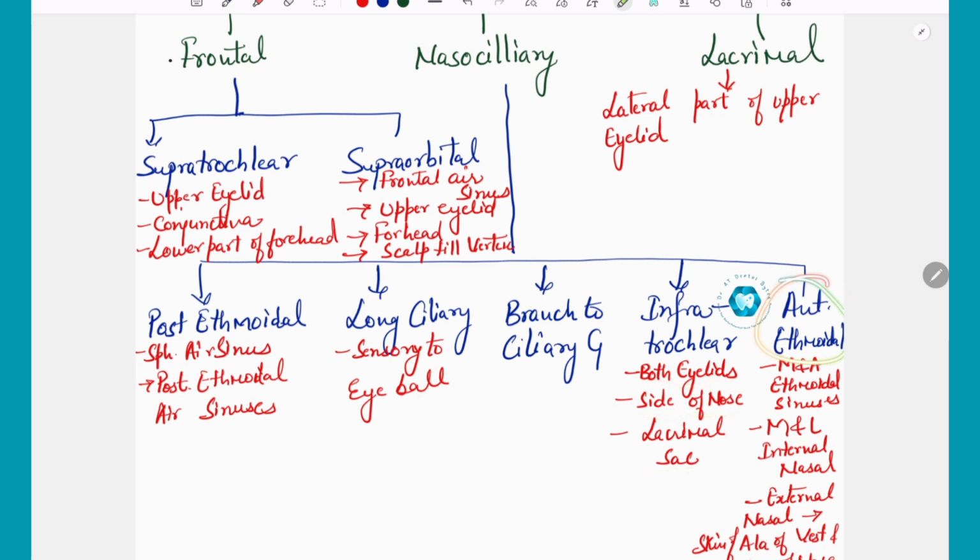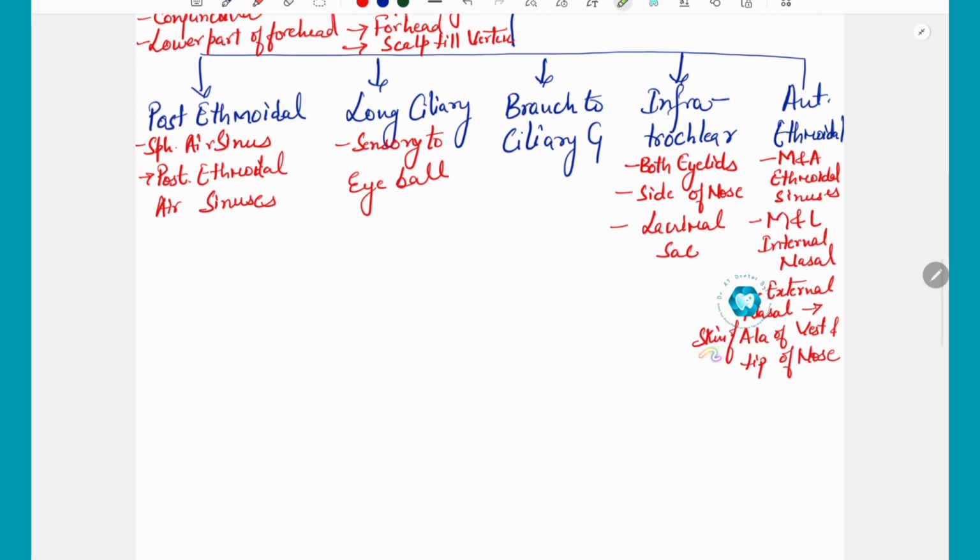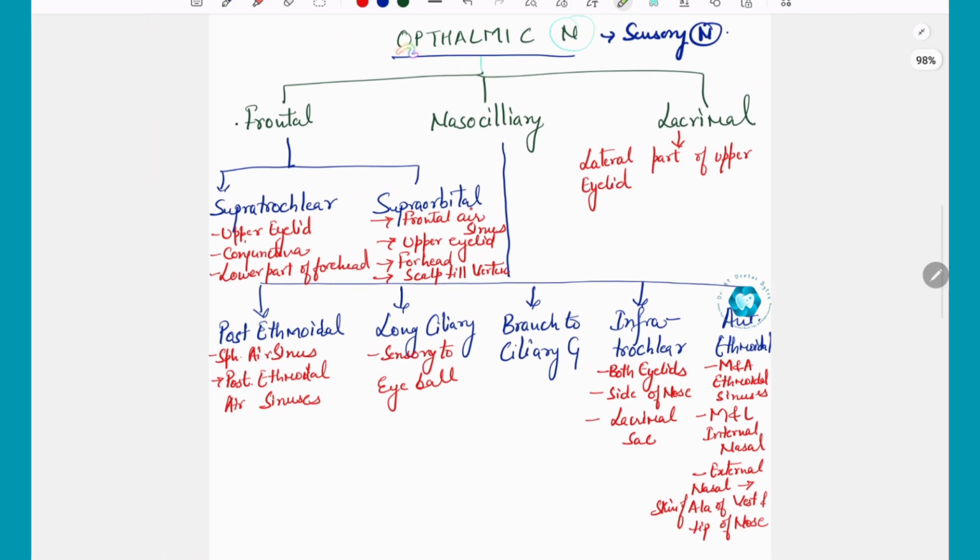Then comes the anterior ethmoidal that supplies the middle and anterior ethmoidal sinuses, the medial and the lateral internal nasal, and the external nasal that is supplying the skin of the ala of the vestibule and the tip of the nose. So this sums up the ophthalmic nerve.